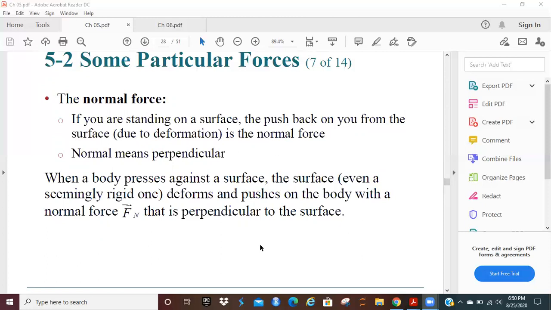If you're standing on the floor, the floor is perpendicular to your body, and another word for perpendicular is normal. That's why they call it the normal force. When a body presses against a surface, the surface deforms and pushes on the body with a normal force that's perpendicular to the surface. You may not be able to see this deformation, but it's there.